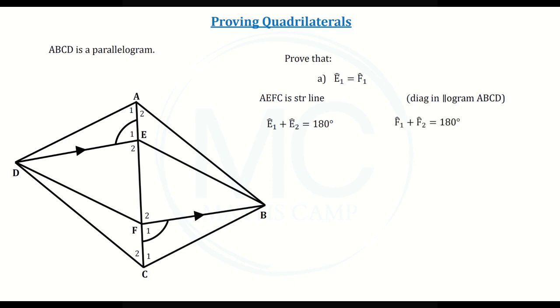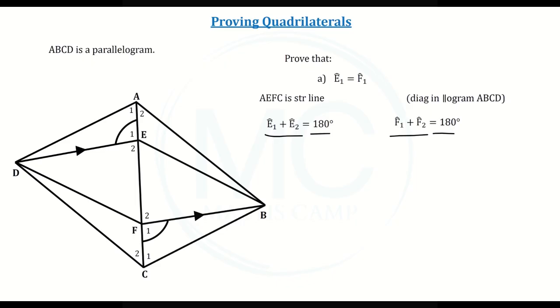We have said in previous videos that if two equations are equal to the same value, then the equations themselves are equal as well. We know that angle E1 plus angle E2 is equal to 180 degrees. And we know that angle F1 plus angle F2 is also equal to 180 degrees.